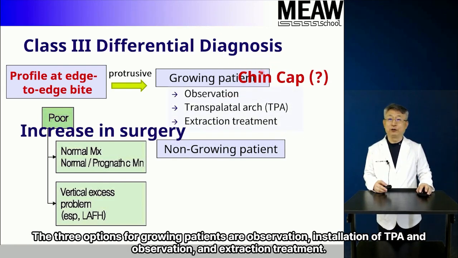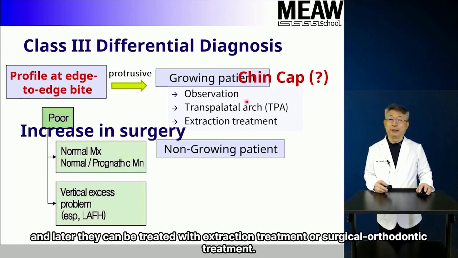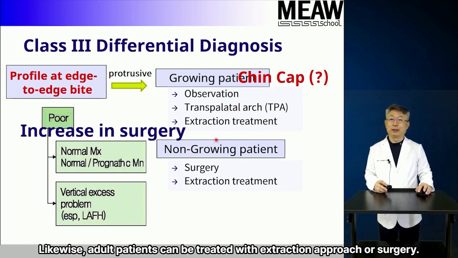The 3 options for growing patients are observation, installation of TPA and observation, and extraction treatment. In other words, growth modification is not attempted in these patients, and later they can be treated with extraction treatment or surgical orthodontic treatment. Likewise, adult patients can be treated with extraction approach or surgery.